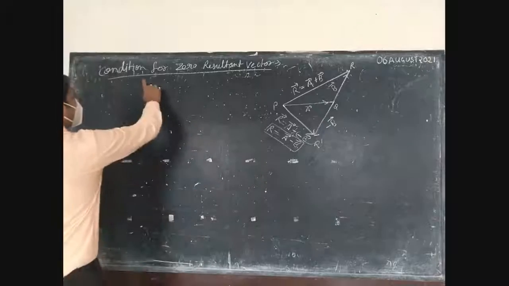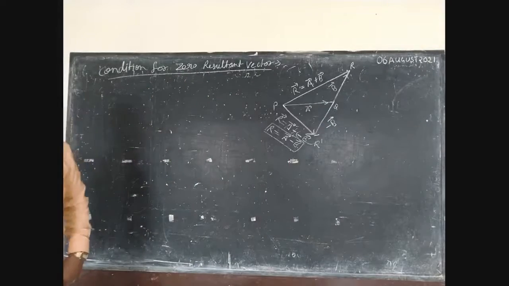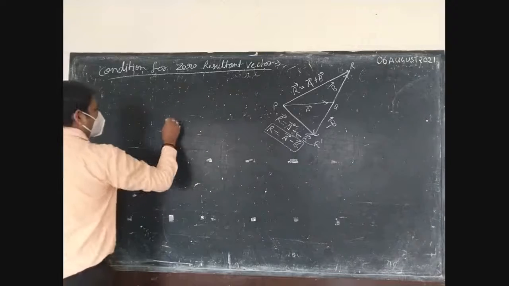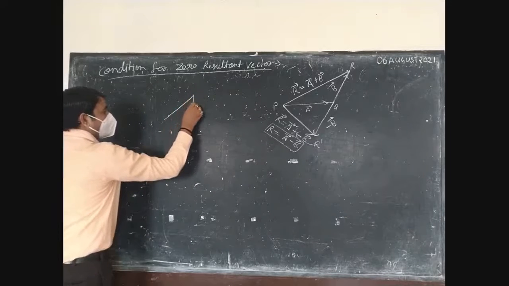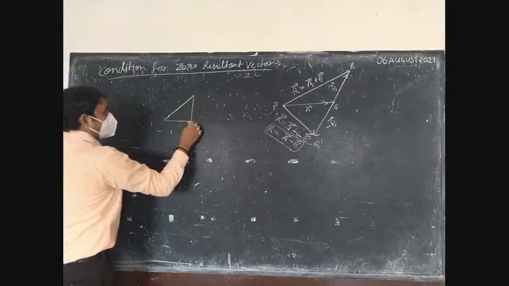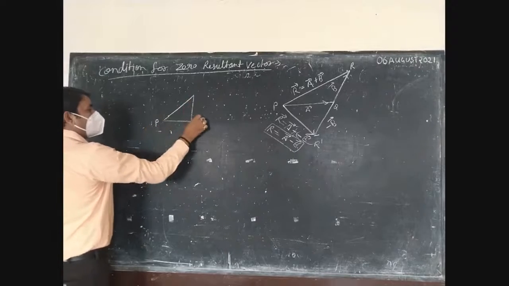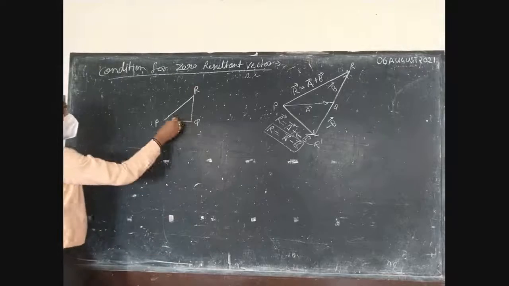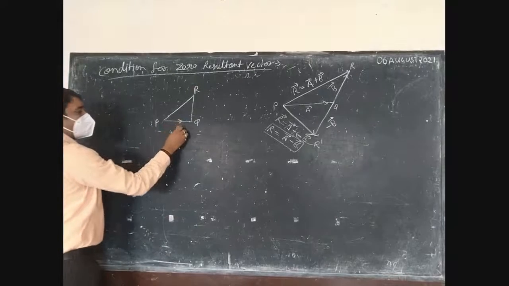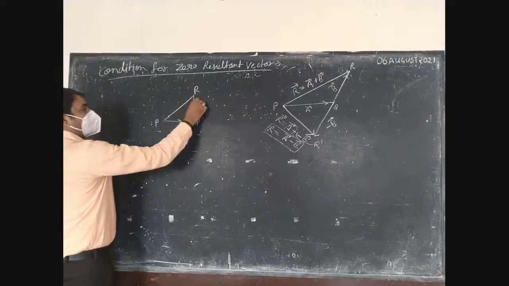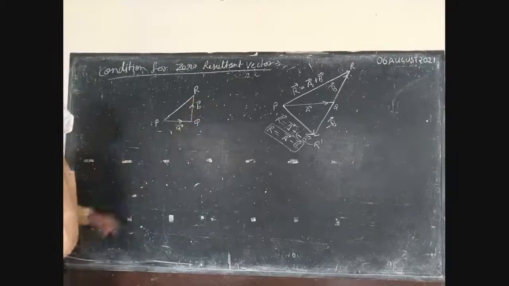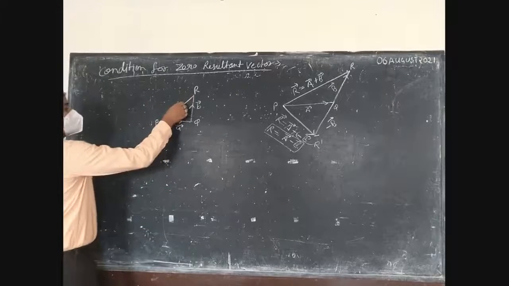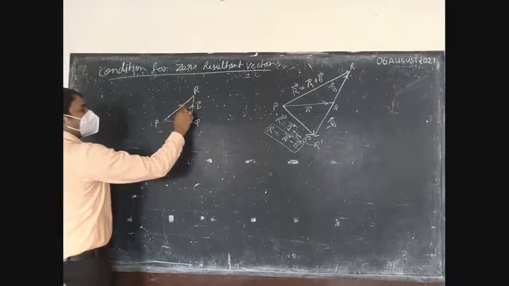Now we come to getting the zero resultant. Okay, suppose we have a triangle, let's say PQR, and two vectors, vector A and vector B, are acting in the same order and the resultant is taken in the opposite order.